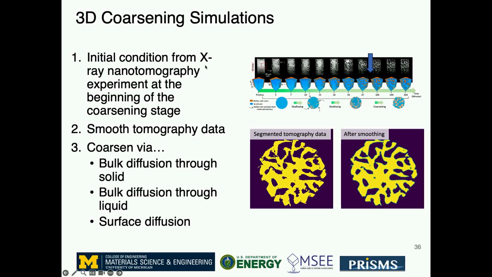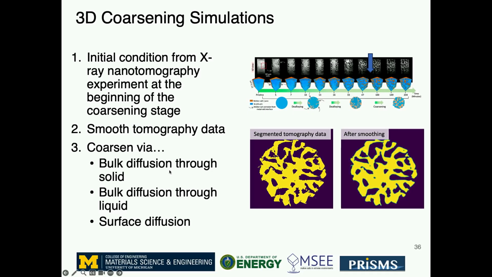So we start with the initial condition from X-ray tomography. We take the time step from which we are pretty certain that the corrosion is done. And then we process the data, and then we coarsen. So we have multiple hypotheses, and we have to figure out which one is more right.